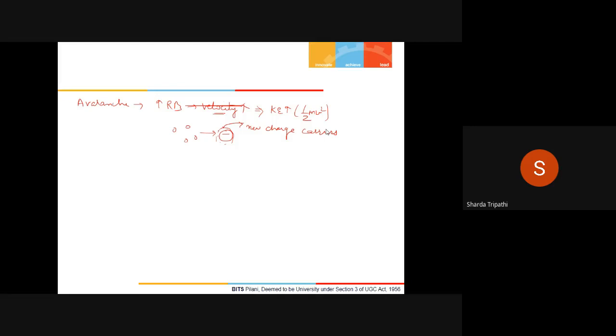When the velocity increases, the kinetic energy increases and it becomes sufficiently high such that when these minority carriers collide with an ion, they are capable of dislodging the electrons which are present in the outermost shell of that particular ion. If this collision was not happening, then the ion is otherwise an atomically stable structure. That means it was carrying some charge, but that ion was not contributing to the flow of current.